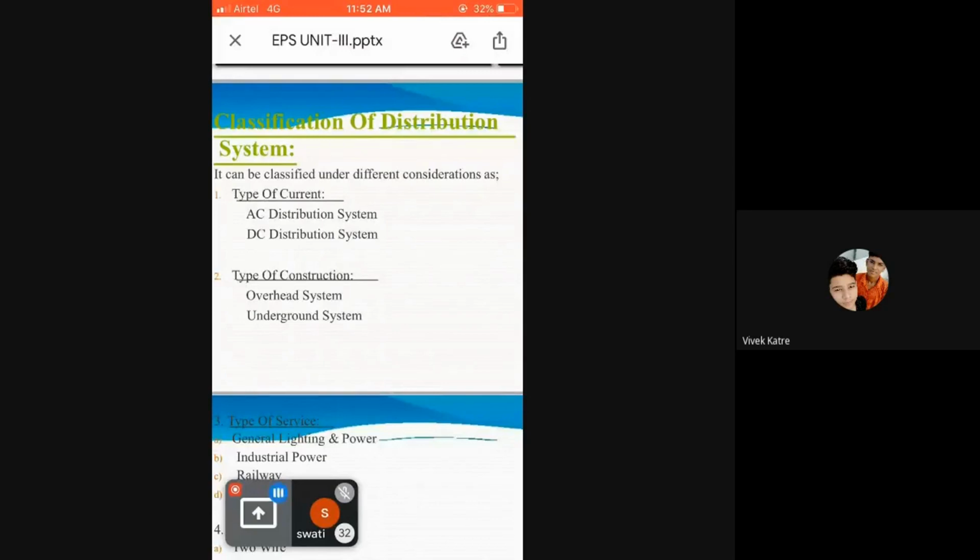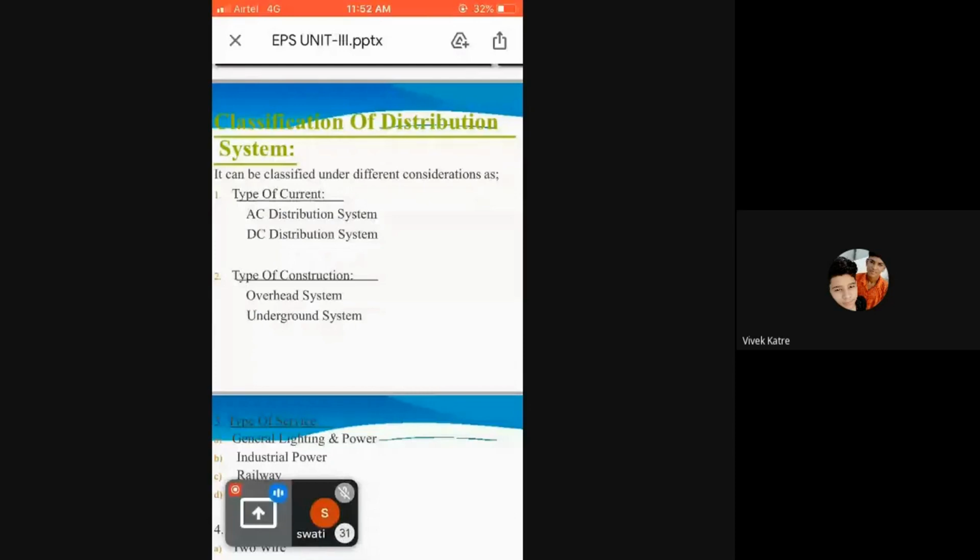So plus minus 6% of the rated value at the consumer's terminal. Whatever power rating we are passing, we have a voltage variation limit of 6% of that rated value.